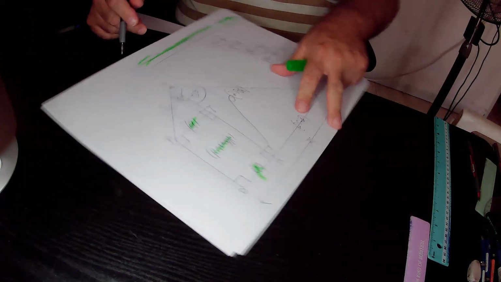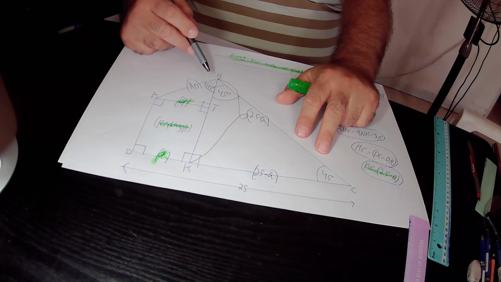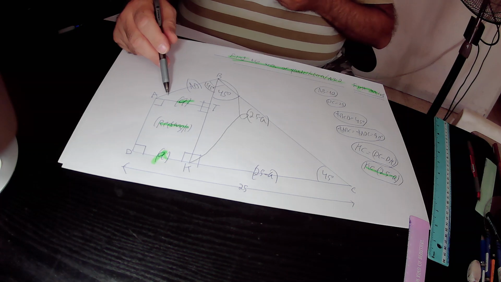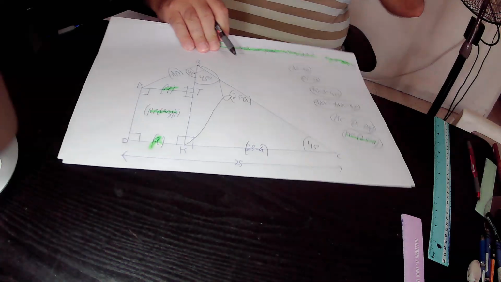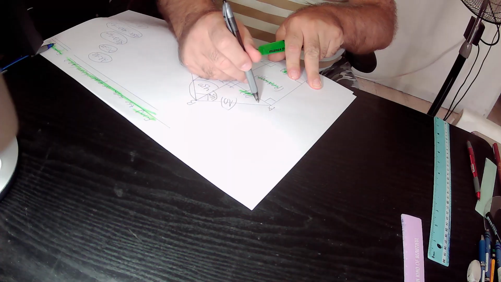In the right small triangle ABT, this angle equals 45 degrees. This angle equals 90 degrees, and therefore this first missing angle must equal 45 degrees in its size, according to the rule that the sum of the angles in a triangle is equal to 180 degrees.